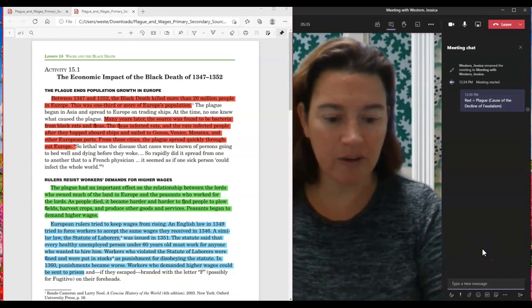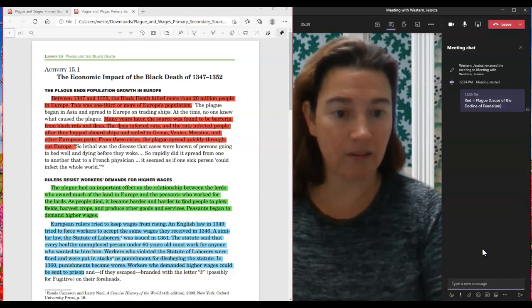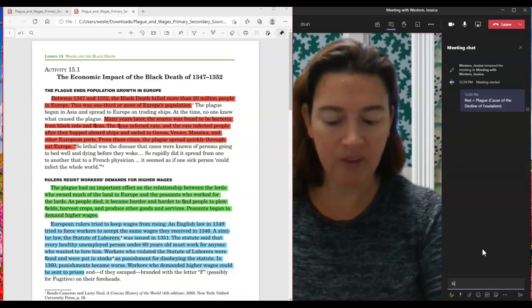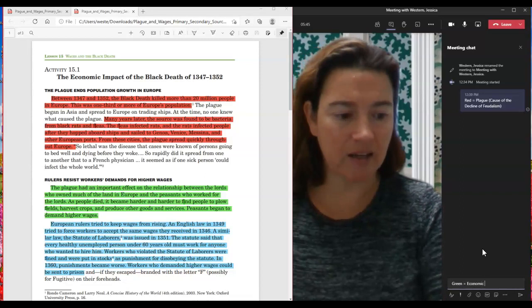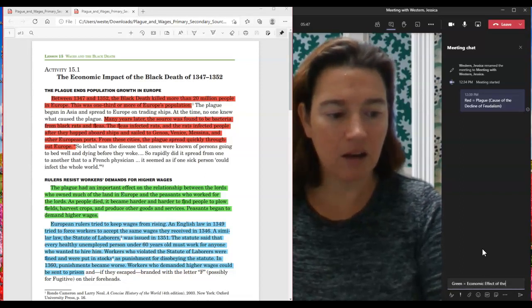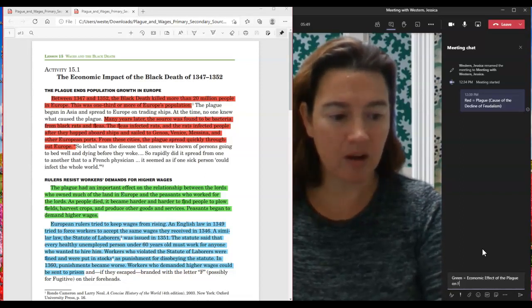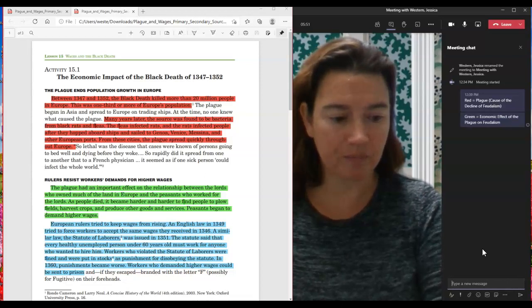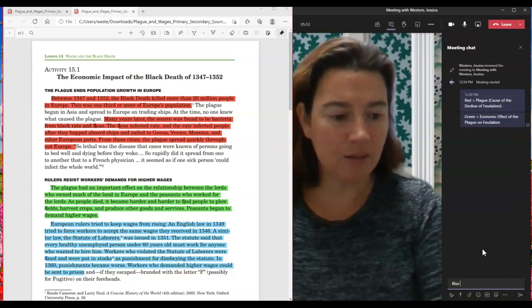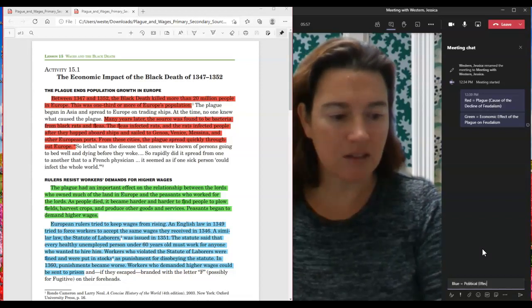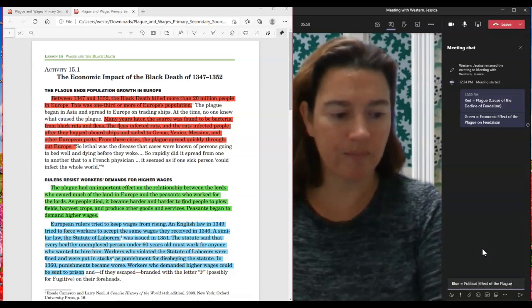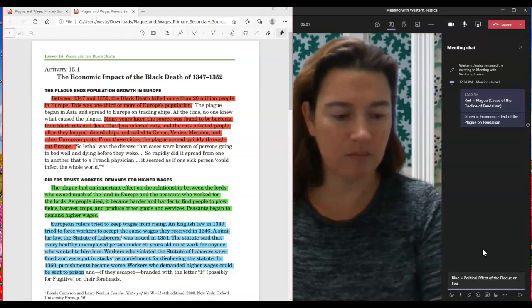And we're going to look for 3 different types of effect, which is why there are 3 other colors color-coded in the document. Anything that's in green is going to be an economic effect of the plague on feudalism. Anything that's in blue is going to be a political effect of the plague on feudalism.